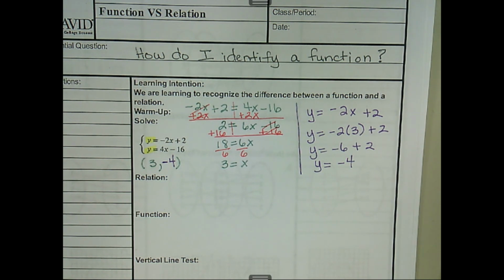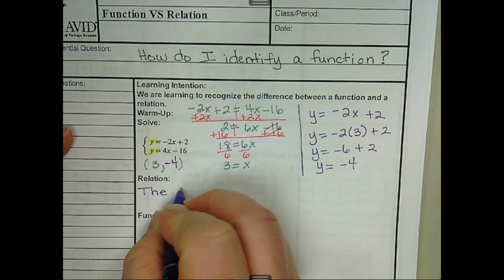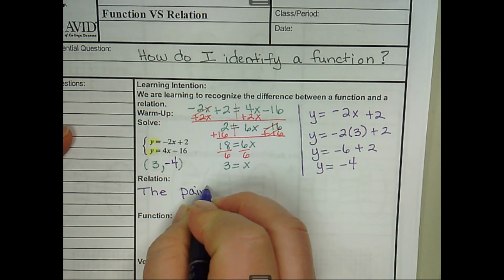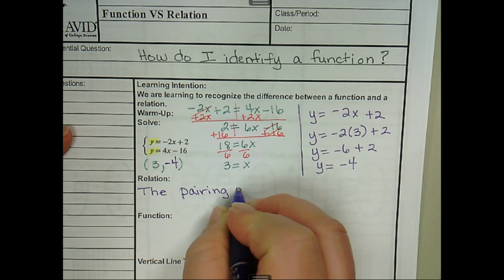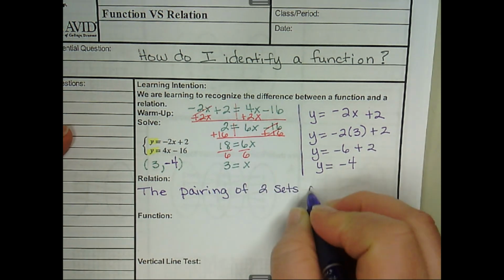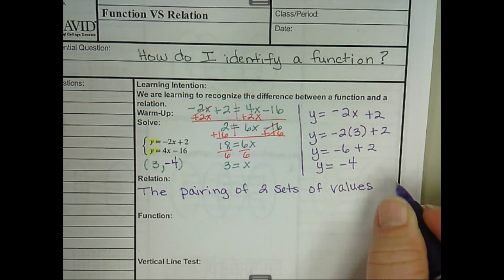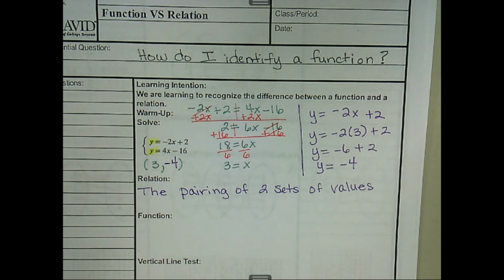So as we're learning the difference between functions and relations, we have to define what each of them are. So a relation is the pairing of two sets of values. Okay, there's no order, there's no rhyme, there's no reason why we're putting them together.